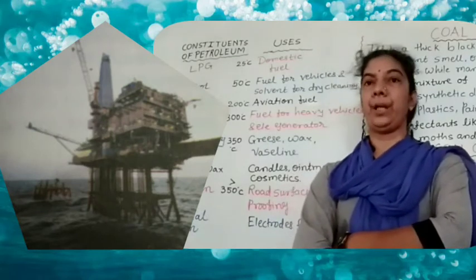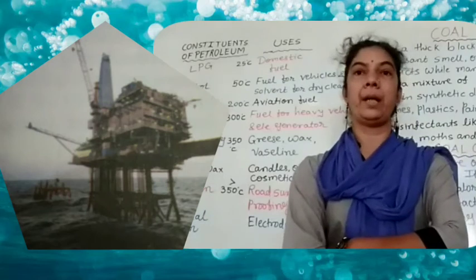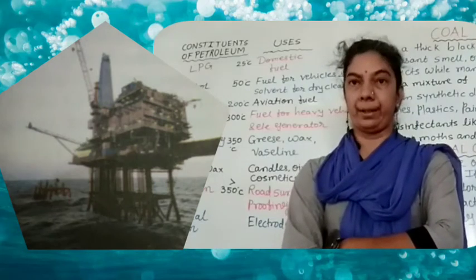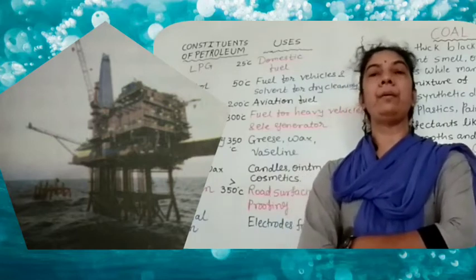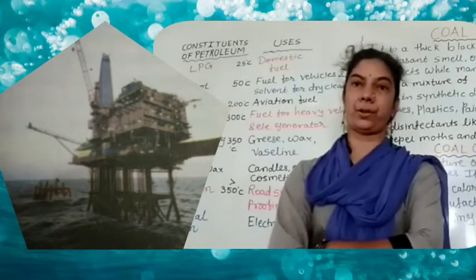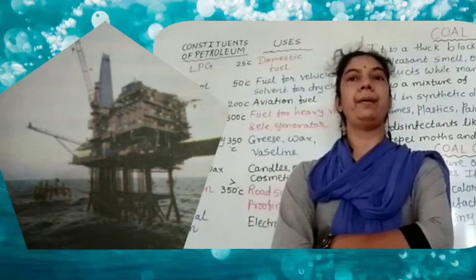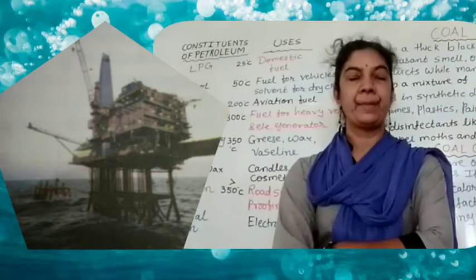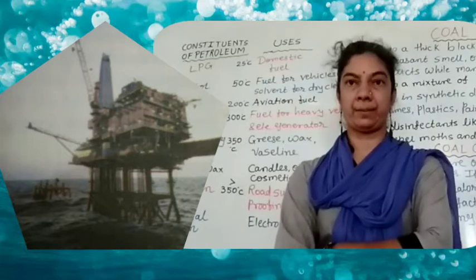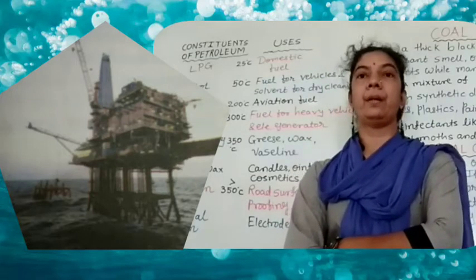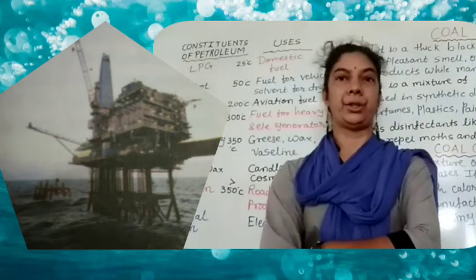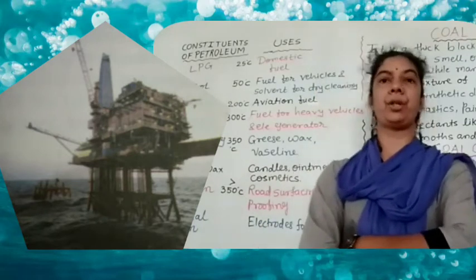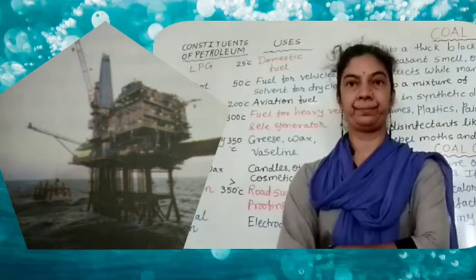As we are knowing that oil and gases are lighter than water, in between these impervious rocks oil and natural gas are floating, and from those holes we can drill the oil and the natural gas. This is known as extraction of the petroleum.